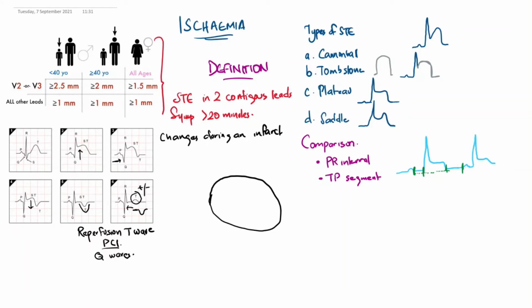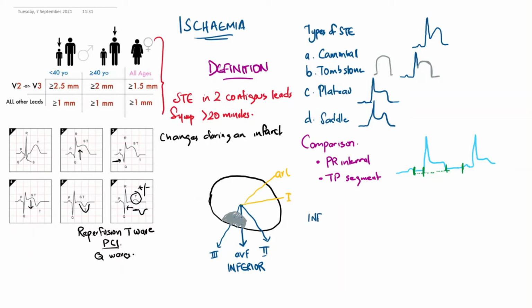Let's go on to draw a heart over here. We're going to draw the inferior leads, which are 2, 3, and aVF. These are the inferior leads. And next, we're going to draw the lateral leads, which are aVL and lead 1. Let's say that there is an infarct happening over here, which is shown by the gray color.